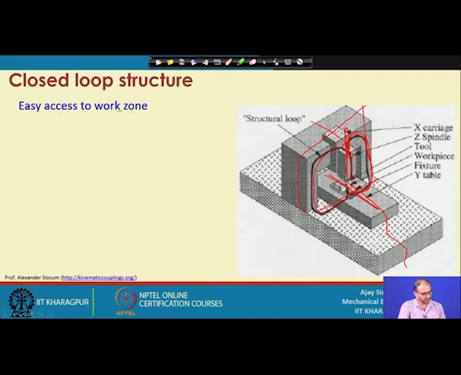There is easy access to the work zone, because here you have a large area and you can easily access most of the things, and a strong and rigid structural loop. Here we have this structural loop, it is very strong, because it is supported from both sides, and this is actually at the center. So, it should not create any problem, and there is very good thermal stability, because we know that each and every material has some thermal expansion coefficient.